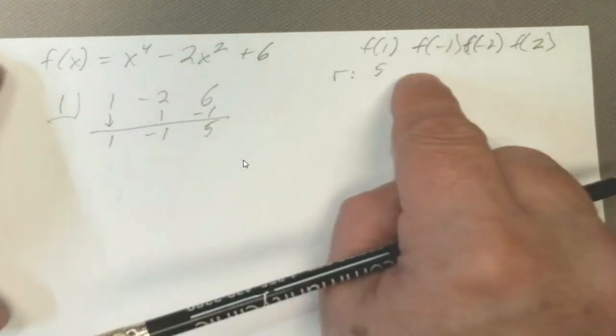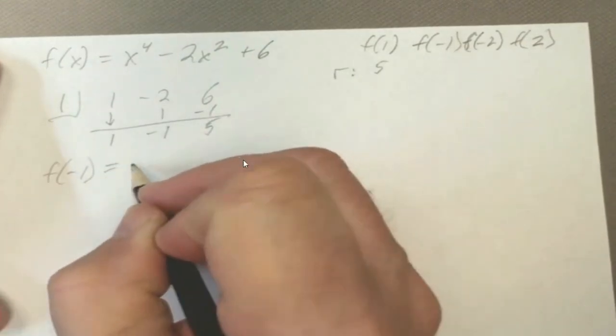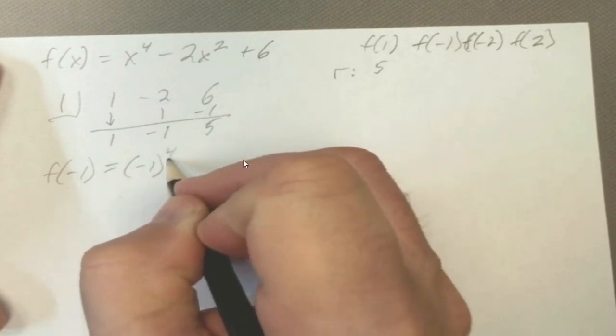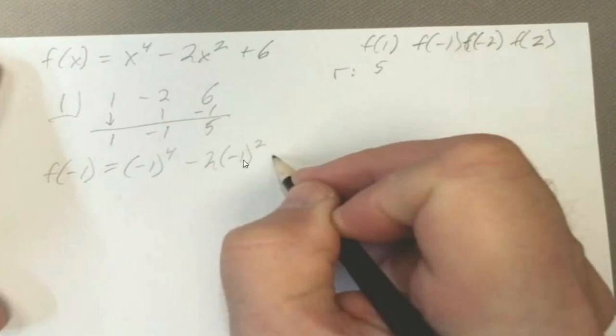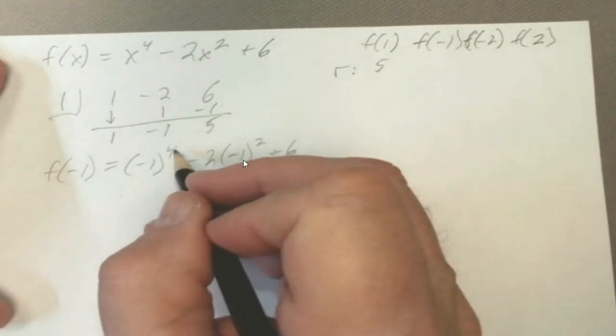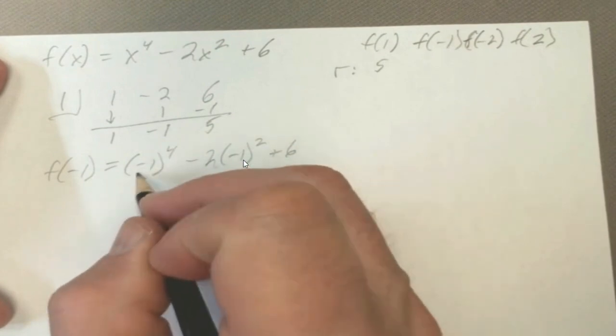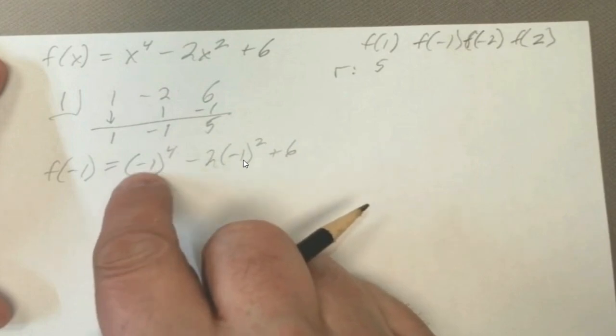-1. Let's do it the other way for -1, just to show we can do it both ways. So this would be -1 to the fourth power minus 2 times -1 squared plus 6. -1 to the fourth power is -1 times -1 times -1 times -1. It's just 1, because there's 4 of them, so the negatives cancel each other out.